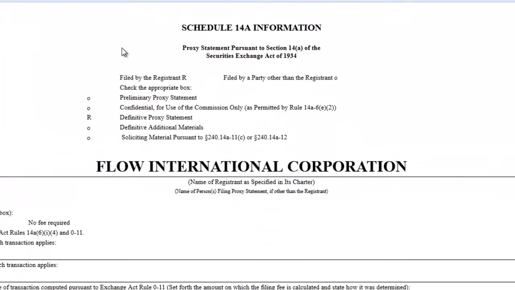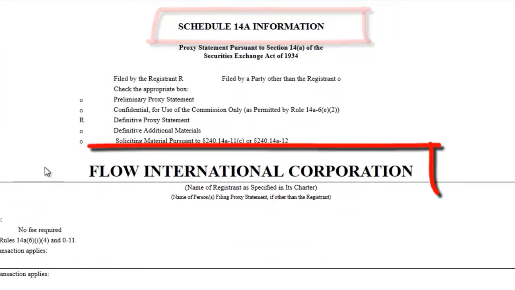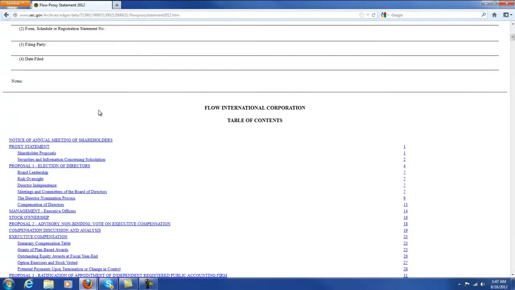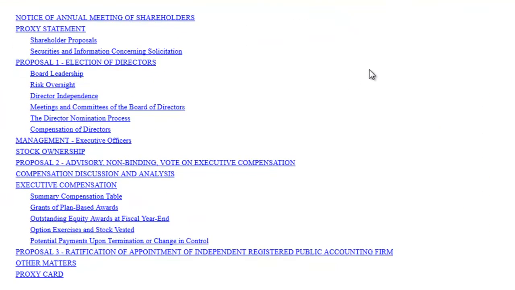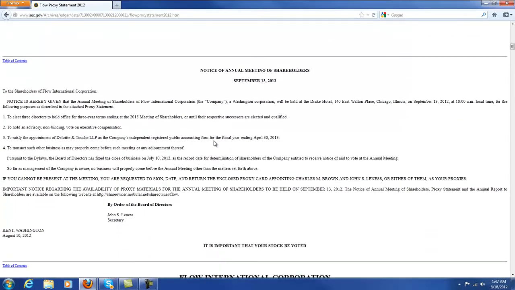So as you can see, we are taken to Schedule 14A for Flow International Corporation. So let's scroll down. As always, you see the table of contents. And in this form, usually it starts off with information about what the company wants the shareholders to vote on.